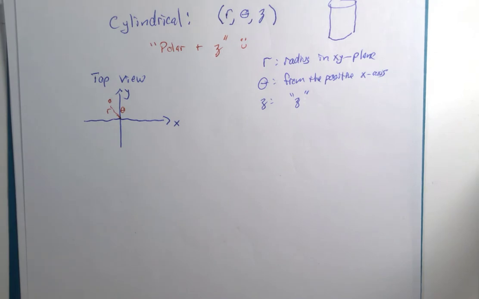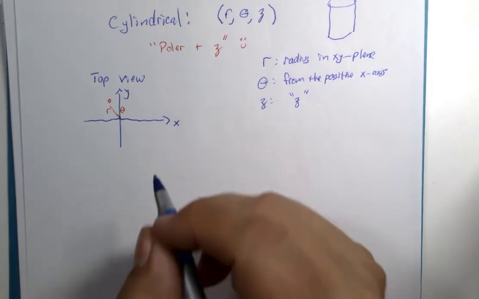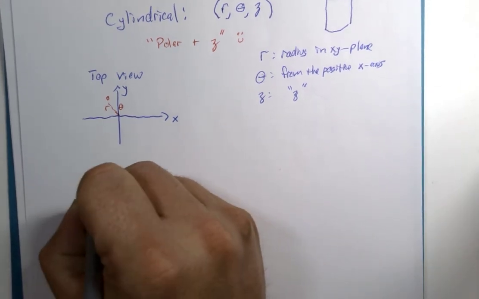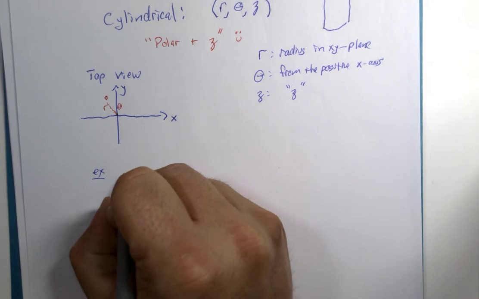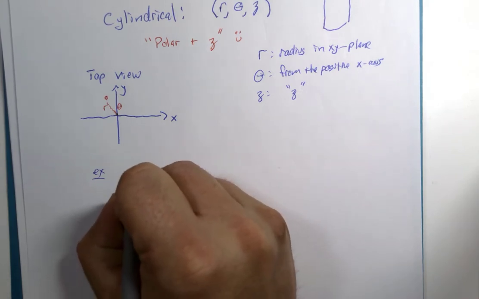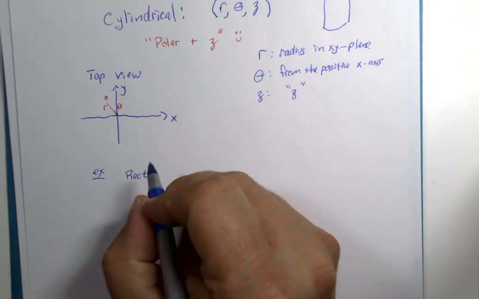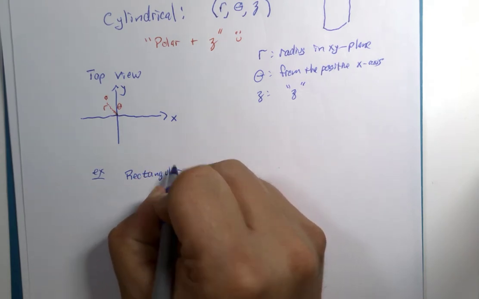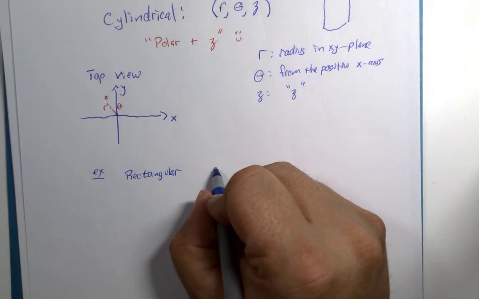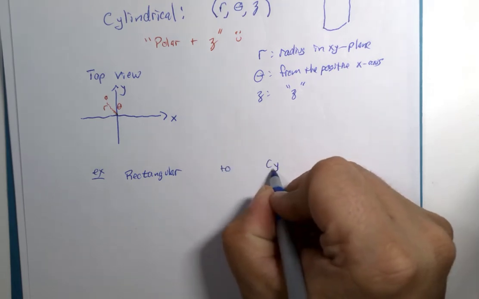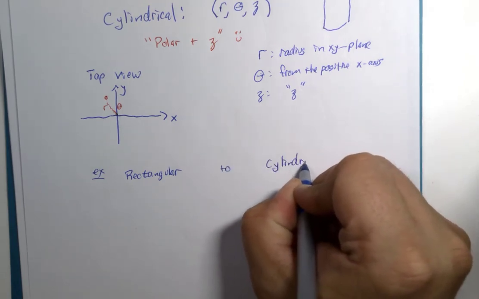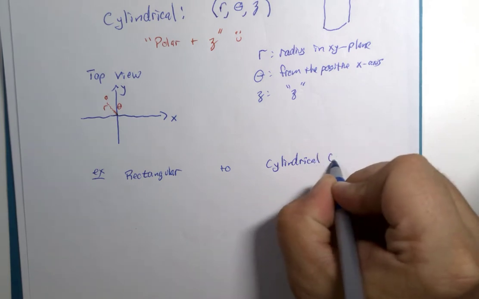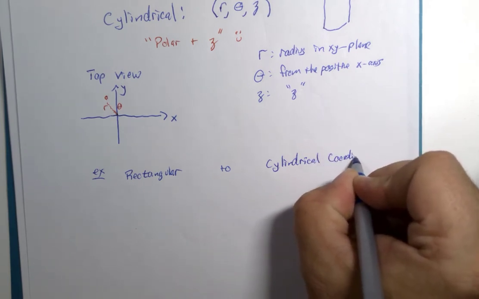So let's suppose I were to give you the following coordinates. Example here, and we will have the rectangular coordinate, and we will convert it to cylindrical coordinates.